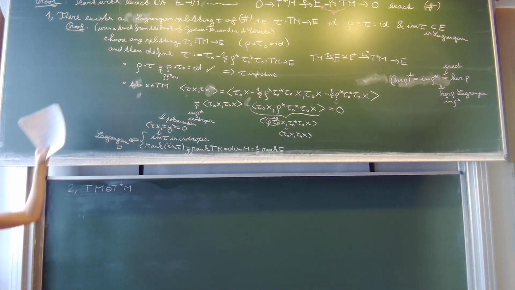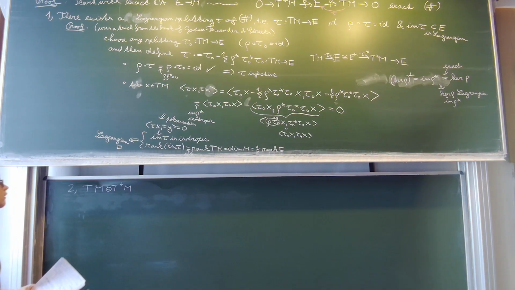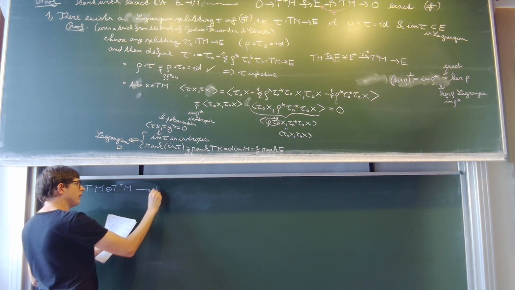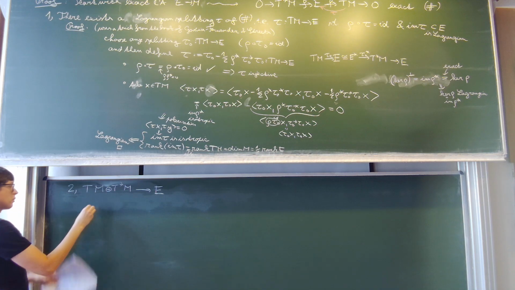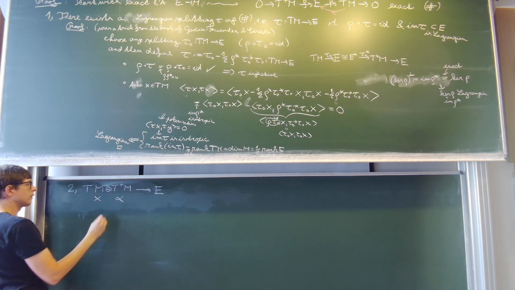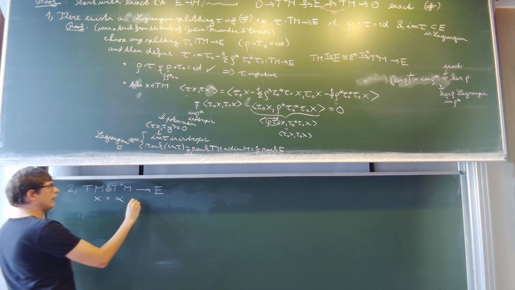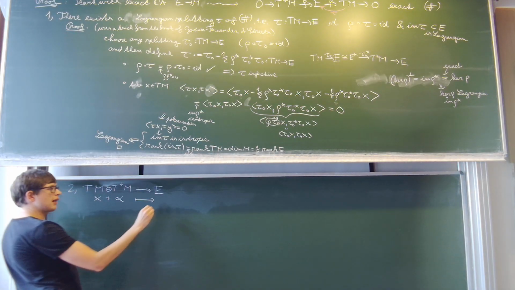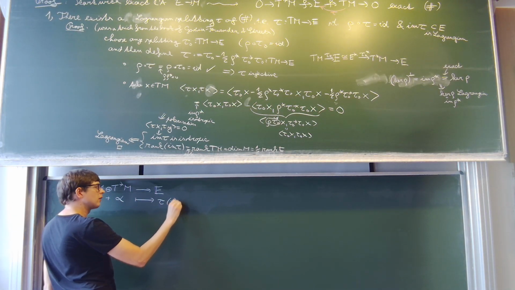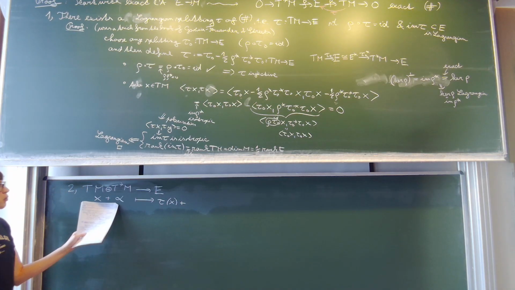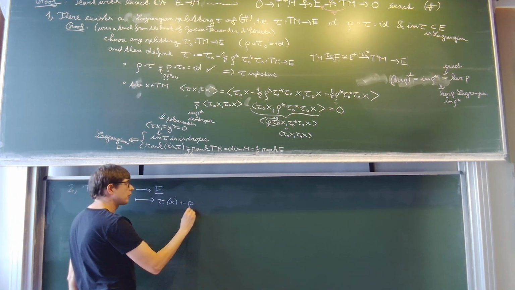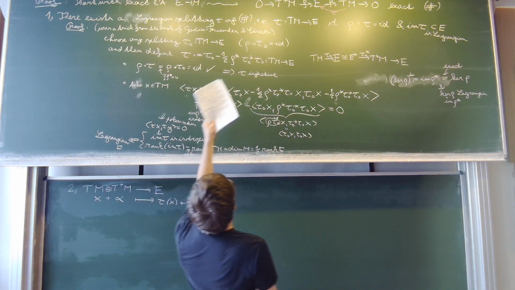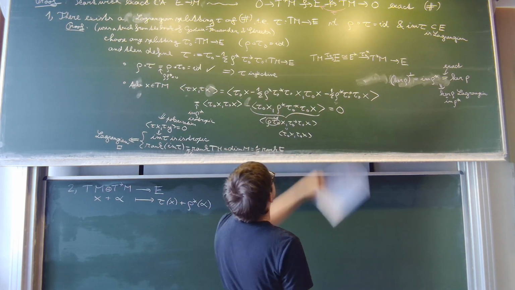So we start with our Lagrangian splitting, and we define a map to E. The map goes as follows: you give me a vector and a covector, and I map this into, well, there is only one thing I can do with the chosen tau. I use tau to map x, and I use rho star to map alpha. Remember again, rho star was going from covectors to E.